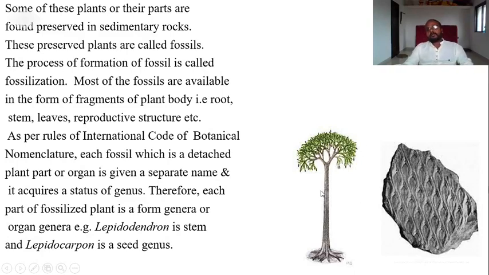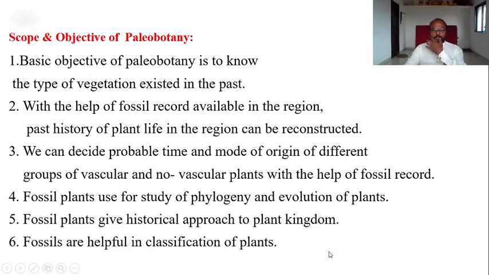If you take the example of one fossil plant, here there is a figure of Lepidodendron. Lepidodendron is a fossil plant, and it has root, stem and leaves, and each organ has a separate name. So the stem is called Lepidodendron, and the fruit is called Lepidocarpon.